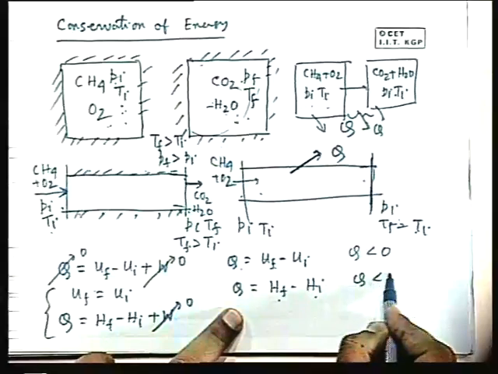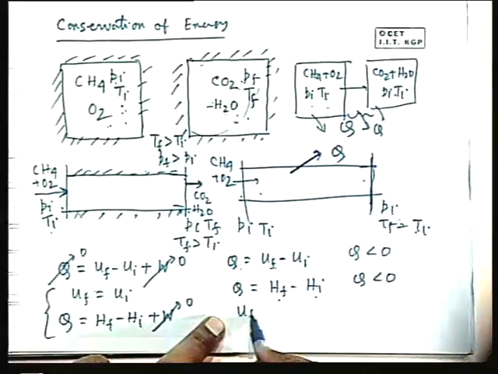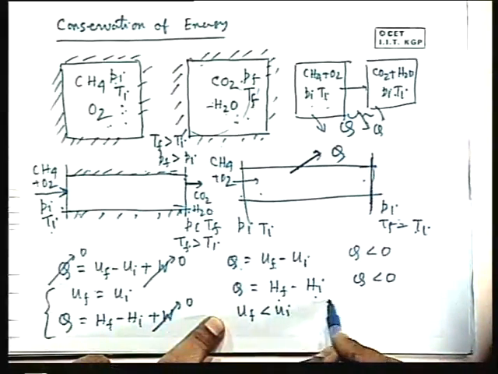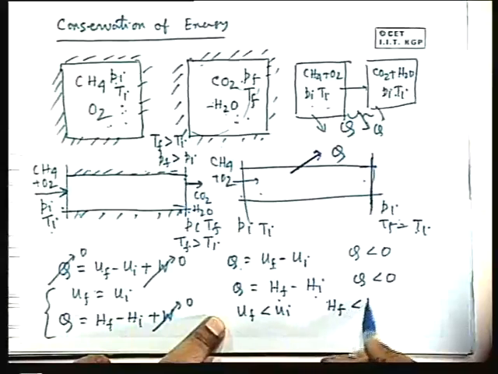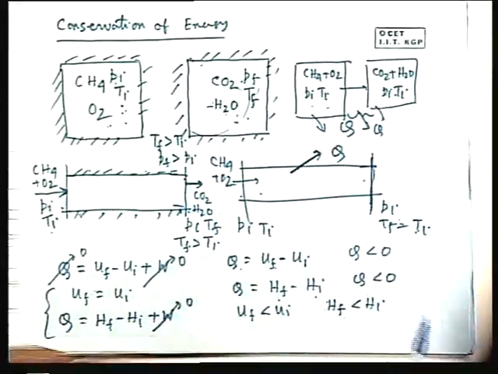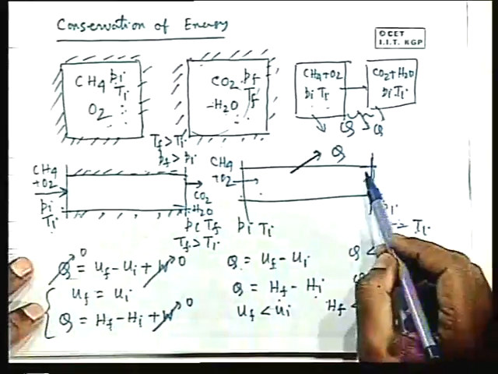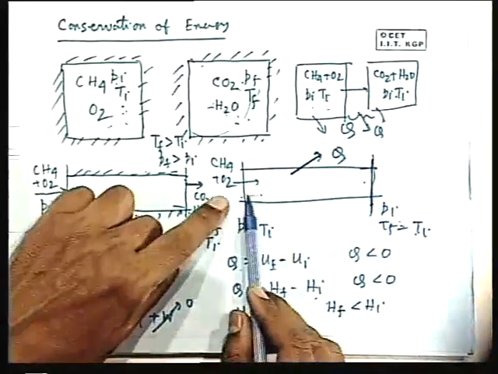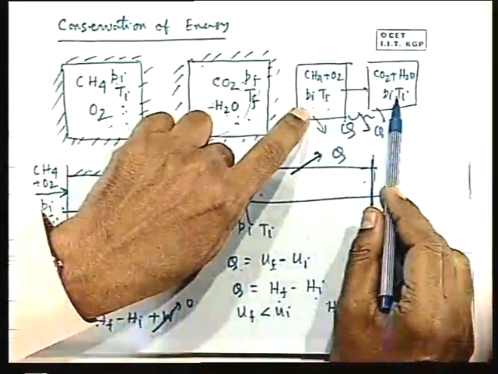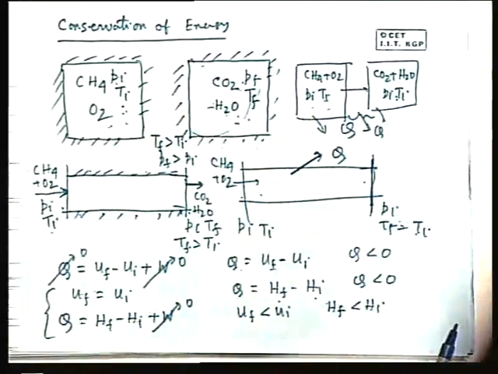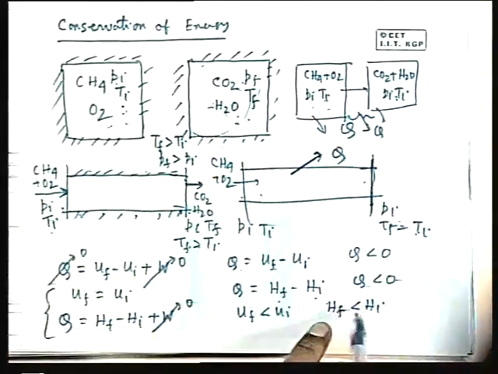So when Q is less than 0, this tells that Uf is less than Ui or Hf is less than Hi. Otherwise the first law of thermodynamics will not be valid, which means that at the same state the enthalpy or the internal energy of the reactants and products are not the same. Rather in this case it is less.